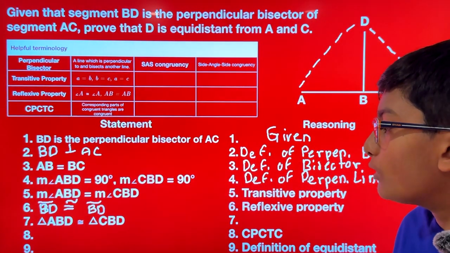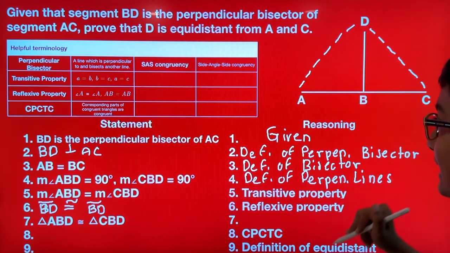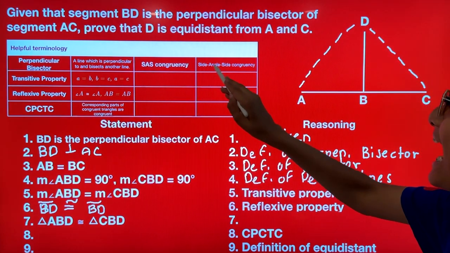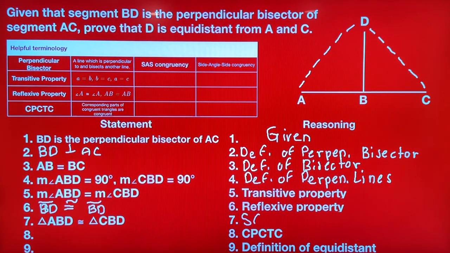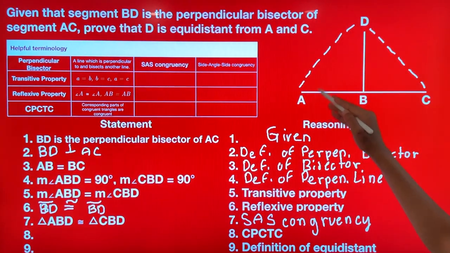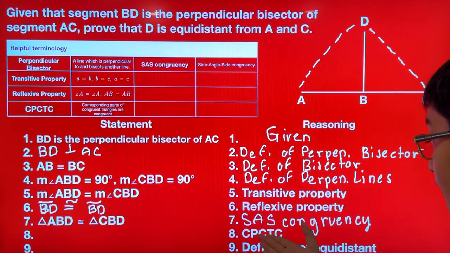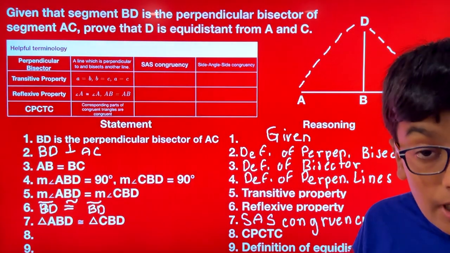And then here, we would have that triangle ABD is congruent to triangle CBD. That is the SAS congruency, side angle side congruency. Following that, as we have discussed, AD would equal CD because corresponding parts of congruent triangles are congruent.